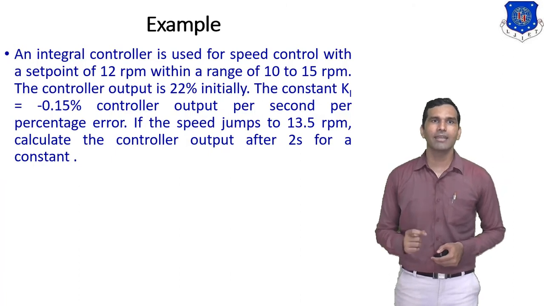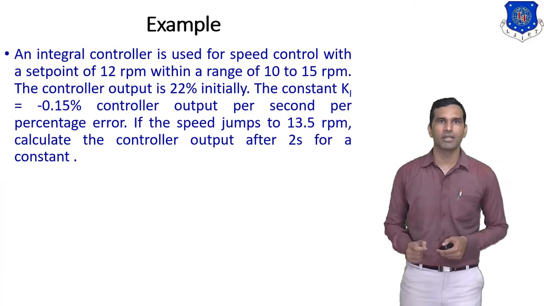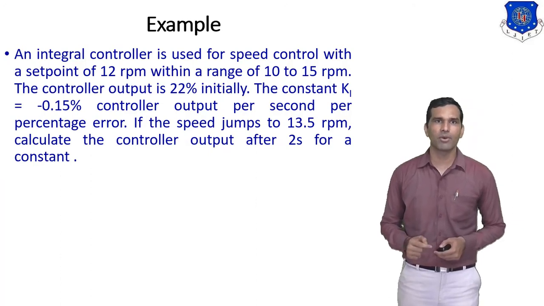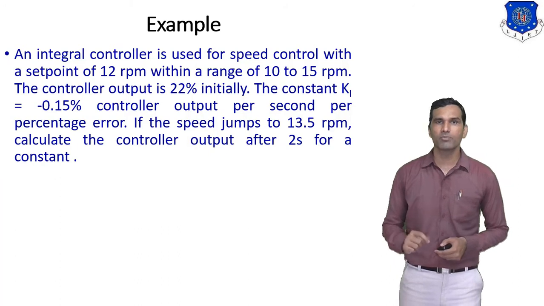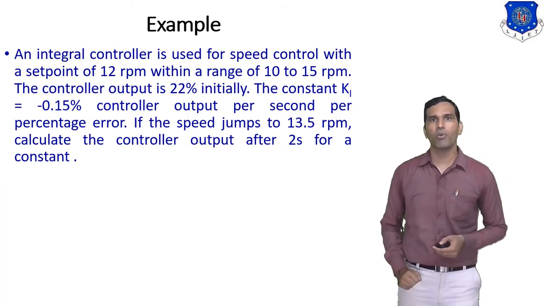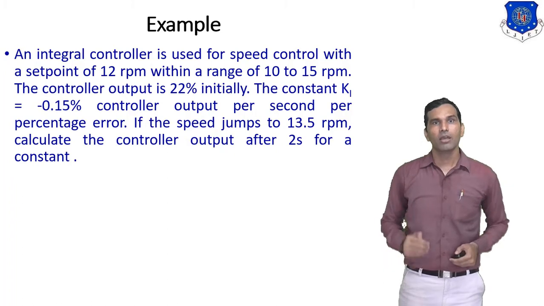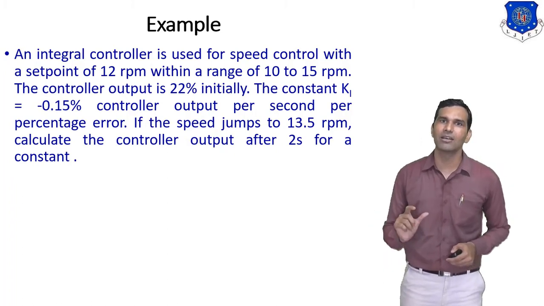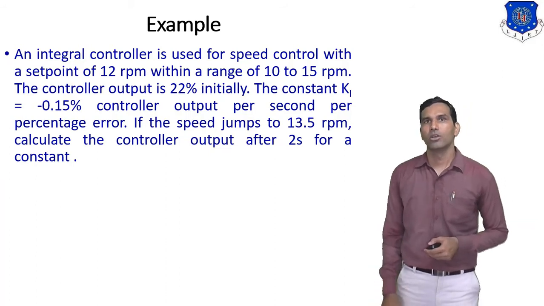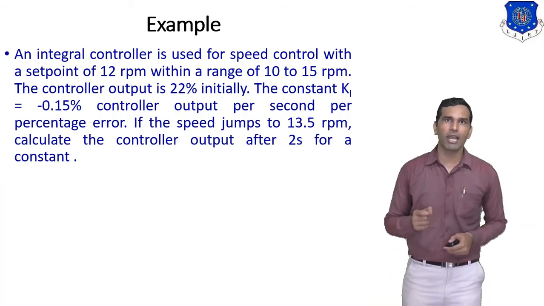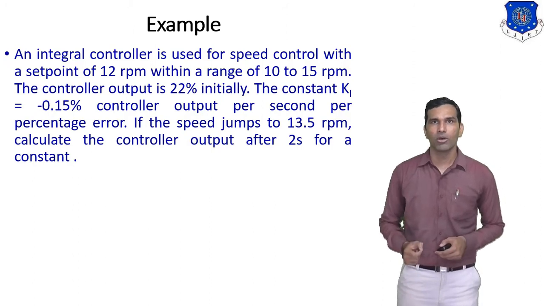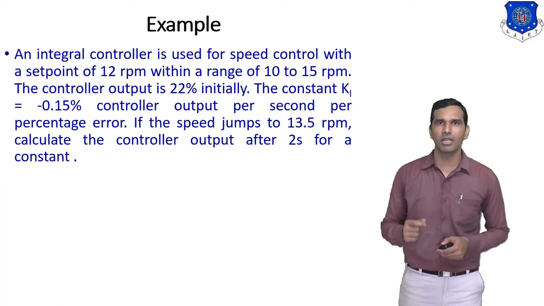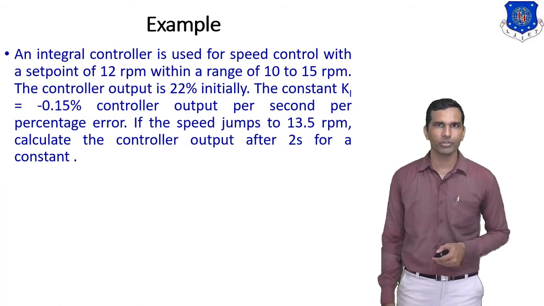The constant Ki is equal to 0.15%, given as controller output per second per percentage error. If the speed jumps to 13.5 rpm, calculate the controller output after 2 seconds for a constant error. So here we have to calculate the controller output when the speed jumps to 13.5 rpm.